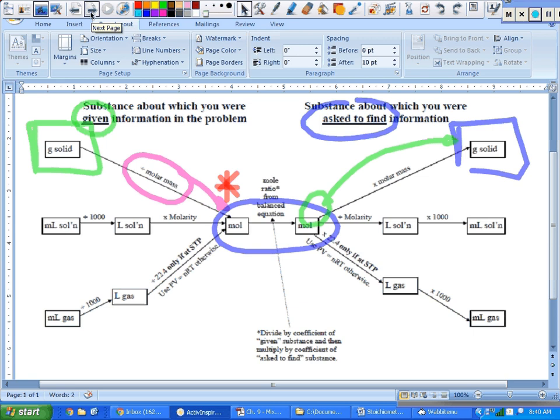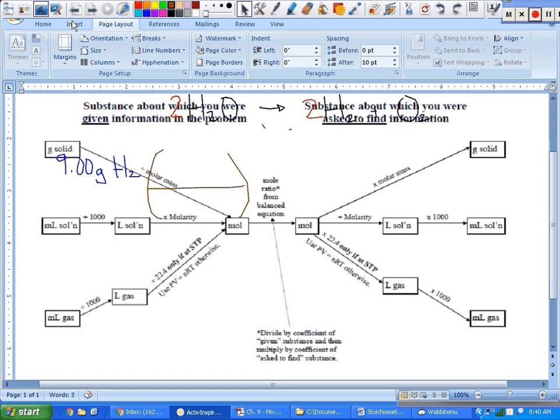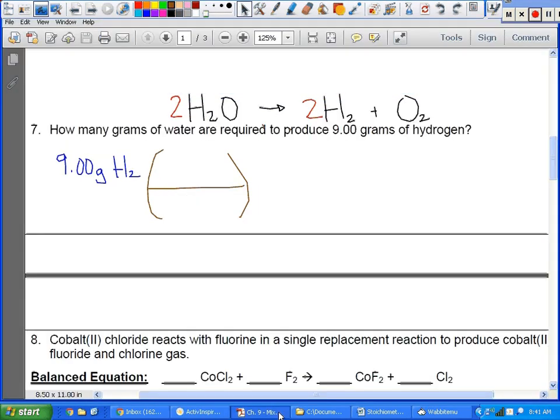That's the wrong button. Let's go back. Pull this up, and we're good to go. All right, I'm going to go ahead and fill everything out before I plug any numbers in, if it will cooperate. So I've got grams of H2. Now I've got to go to my moles of H2 first.